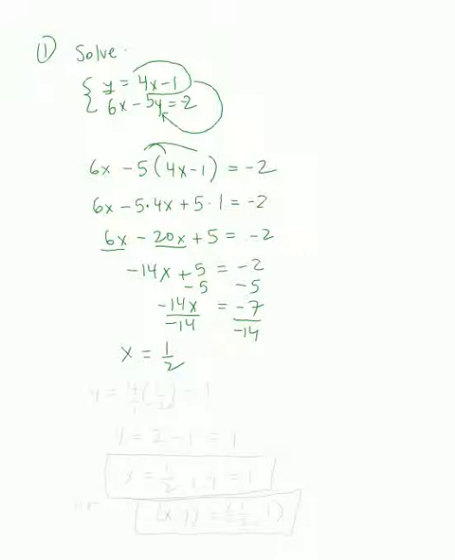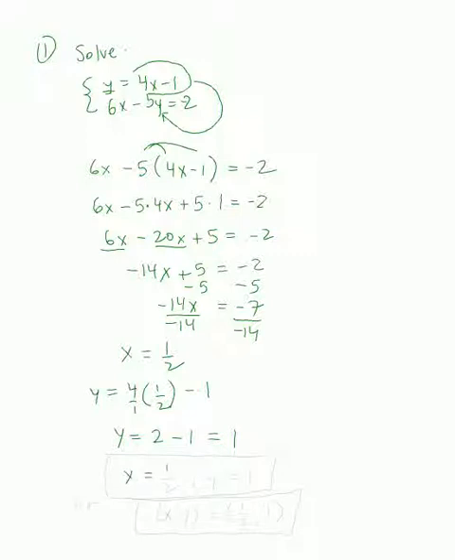Well, it says substitute it into any equation to find the other variable. So why don't I plug it into the top equation, since that already has a y by itself. So if I put it in here, I get y equals 4 times 1/2 minus 1. Remember, that's like a 4 over 1. So if I multiply, this ends up being 2. So y equals 2 minus 1, which is 1.